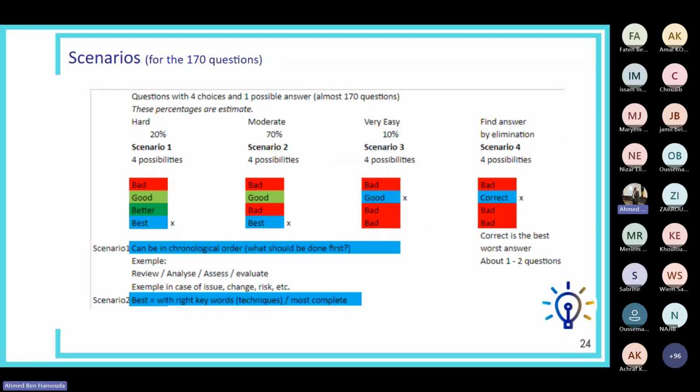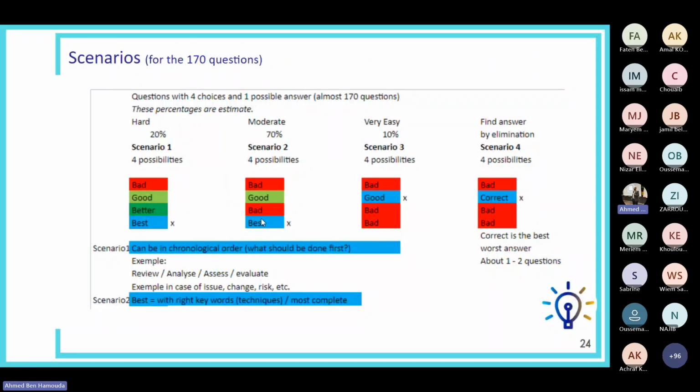Now we have almost 16 or 17 because we've added some elimination techniques in version 2, which we are using in this coaching program. So in this scenario two of moderate questions, you can eliminate almost two answers, and then you are left with two answers. Now, one looks like it's good, but definitely you're looking for the one that is the best.